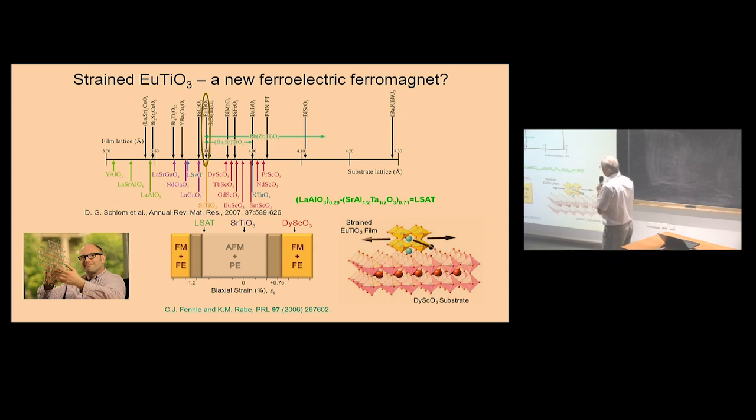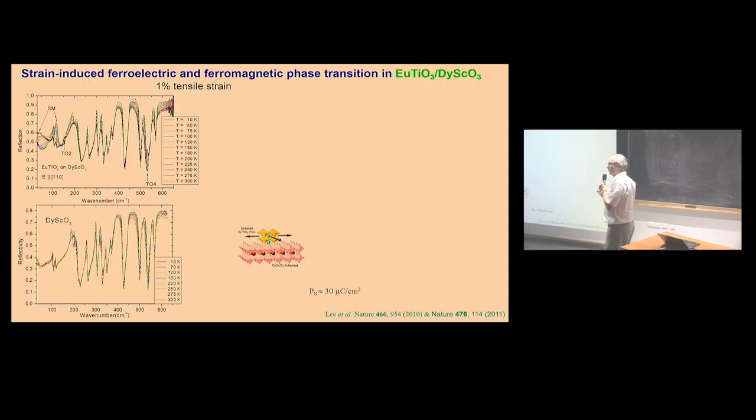And it was difficult to prove ferroelectricity because there is a leakage current and so on, but we measured infrared spectra. They are quite complicated because the substrate, dysprosium scandate, has many phonons. But have a look on low frequency part.